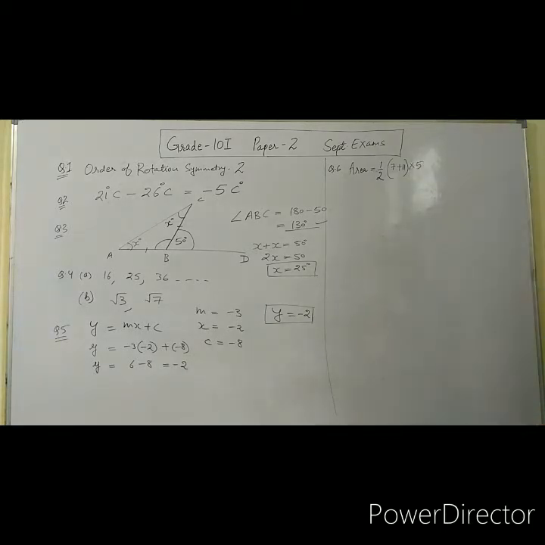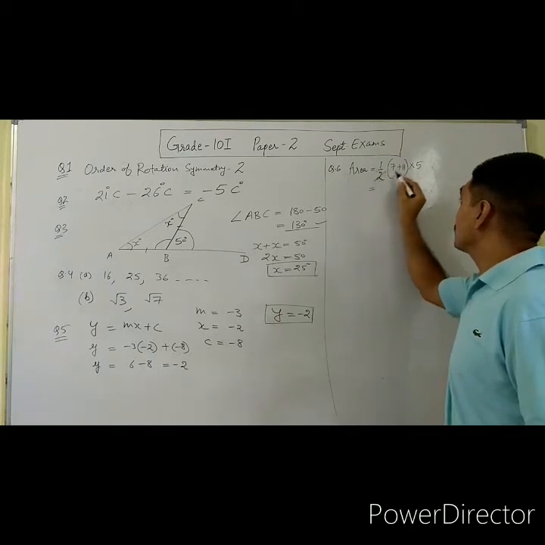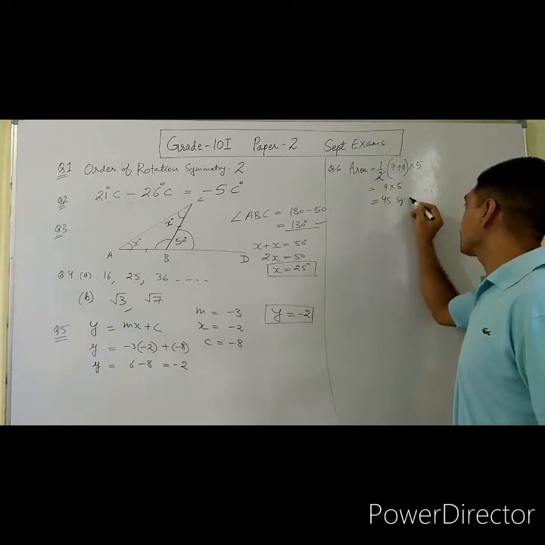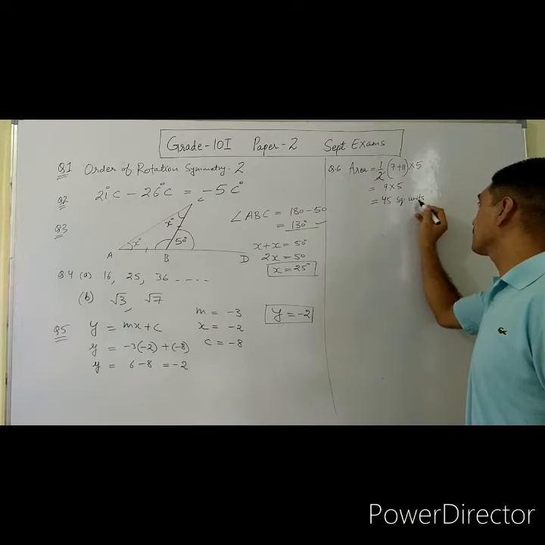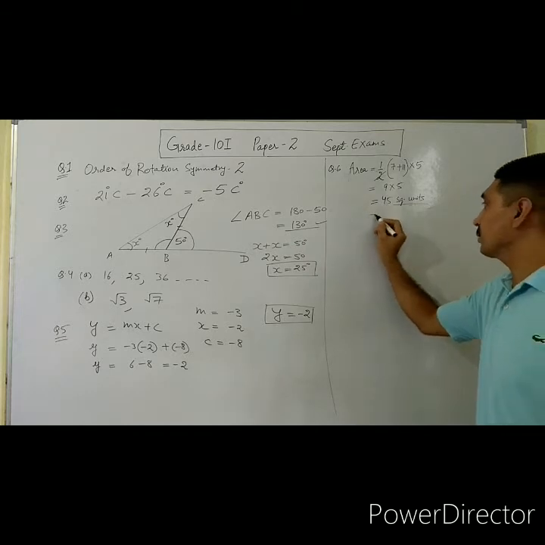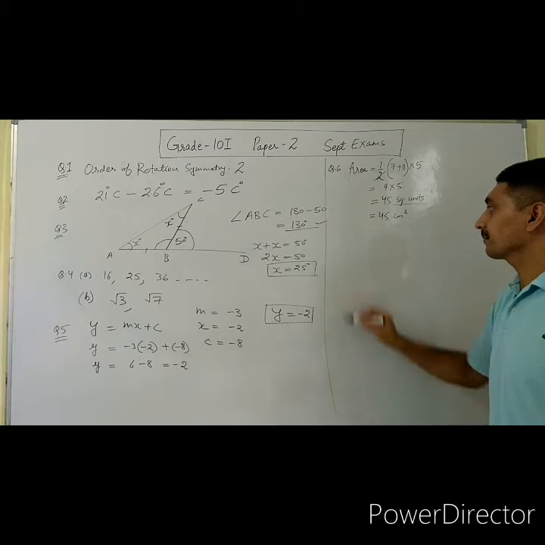So the area is 18 divided by 2, that is 9, into 5, so it is 45 square units. Area is always in square units, okay? So here it is given in centimeters, so the area is 45 square centimeters.